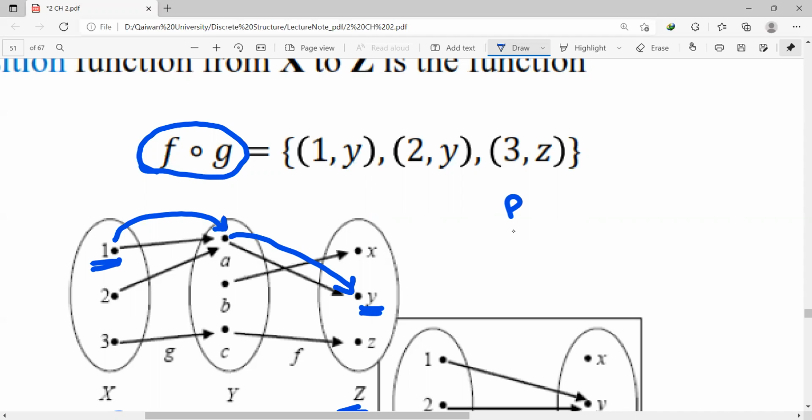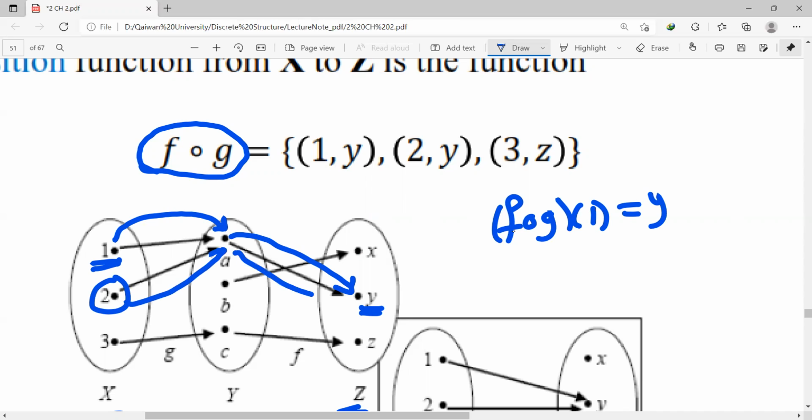That means F circle G for 1 equals Y. Okay? How about 2? 2 goes to A. A goes to Y. That means F circle G of 2 equals Y. It's also equal to 1.